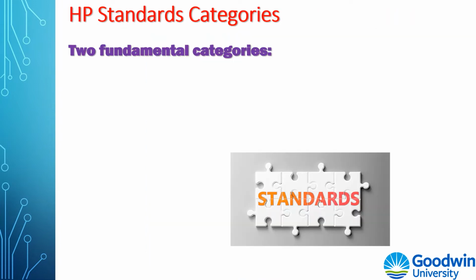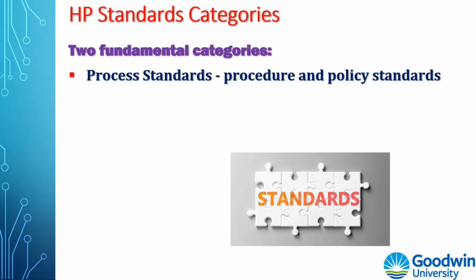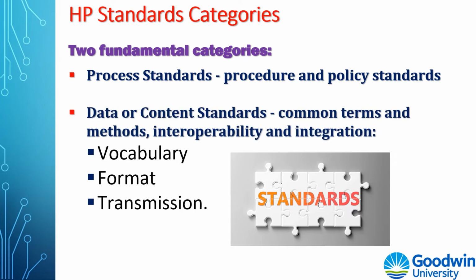So standards really kind of fall into two fundamental categories, which I mentioned in the very beginning. There's a process standard. This has to do with procedure and policy standards that your organization follows and that others will follow. And then there's the data or content standards, and this has to do with what your data looks like. So common terms, methods, interoperability, and integration.